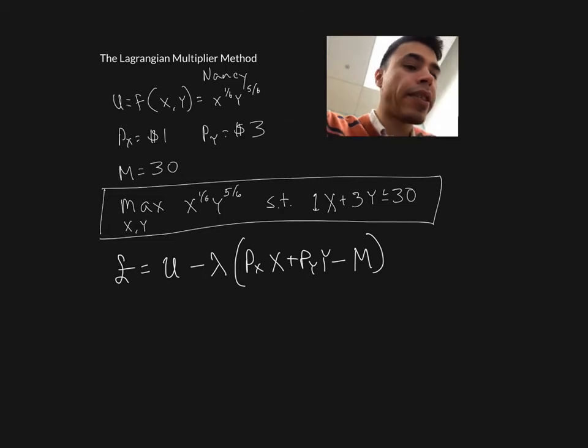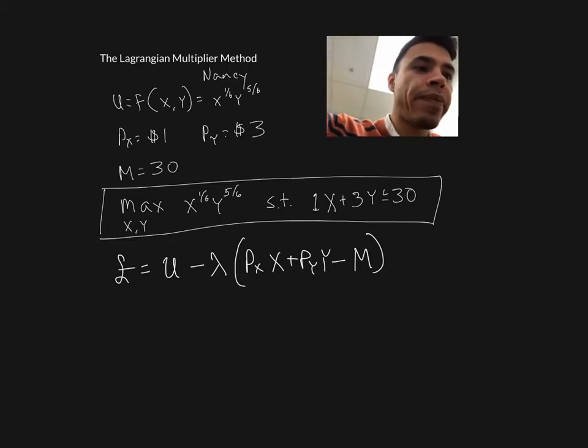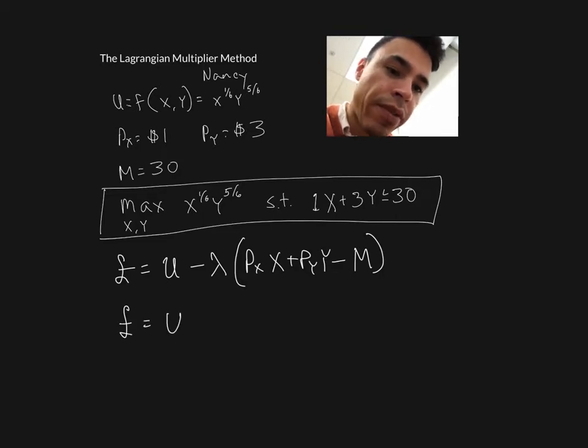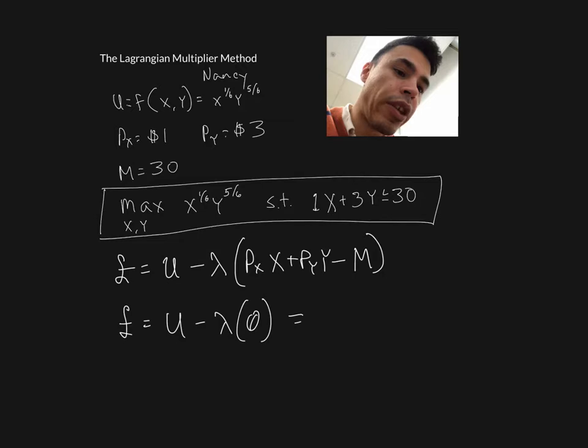Notice that pxx plus pyy minus m must equal 0. When it equals 0, that means that the budget constraint is being satisfied. So essentially what you're doing is taking the utility function and subtracting lambda times 0, which is just equal to u.